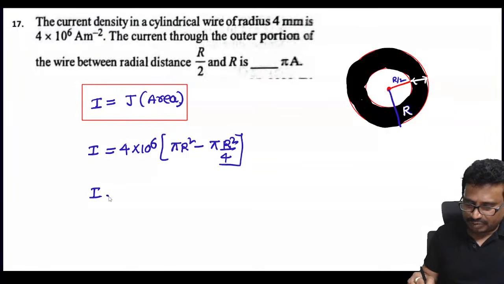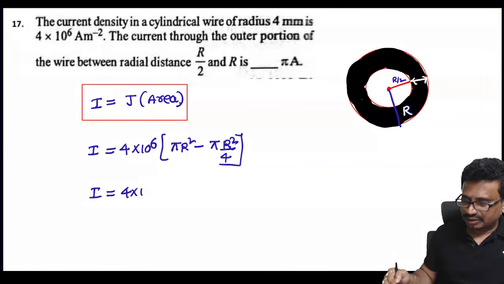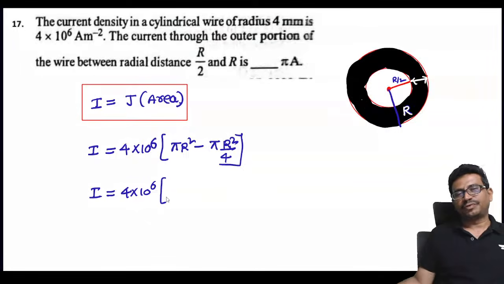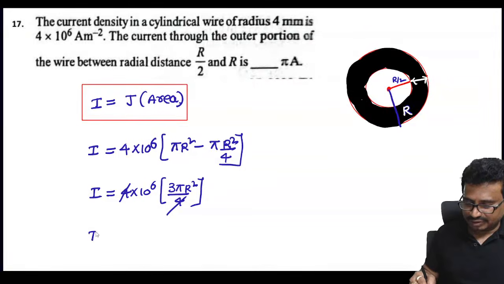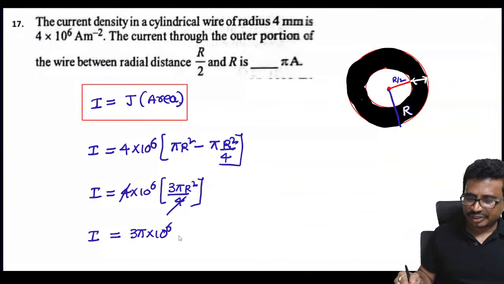Then it will come to be what, tell me now, 4 into 10 power 6, and this is how much now? LCM 4 pi R square, so it will come as 3 pi R square by 4. 4 will get cancelled, so I is equal to 3 pi into 10 power 6 into R square.